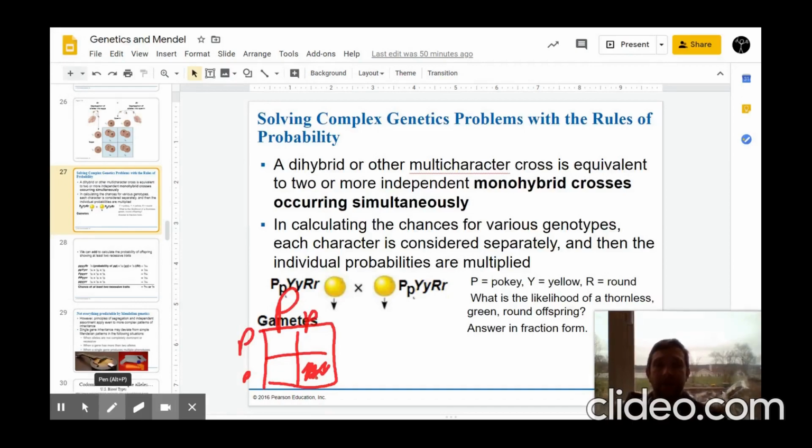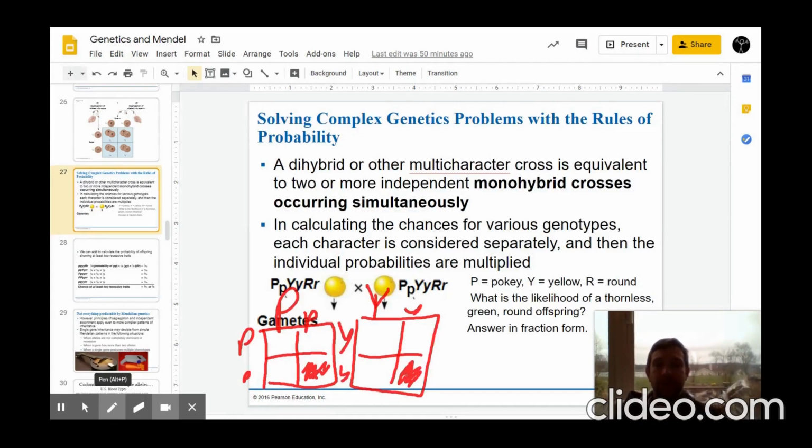Let's take a look at the likelihood of us getting a green offspring. Again, this is the same thing with big Y's and little y's. Where are we going to get a green offspring? Again, right down here. That's the only place we're going to see it.